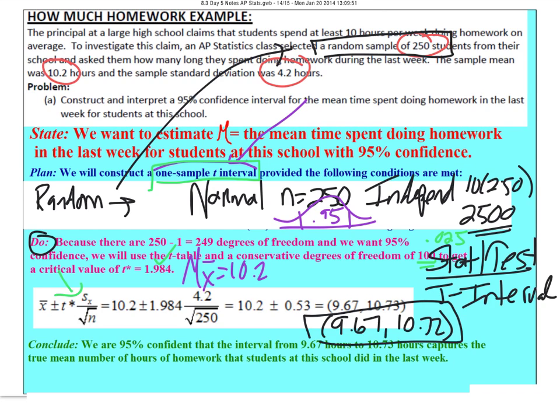In this case, remember, it's going to be the 4.2 over the square root of my sample size, which is 250. Now, the last thing you have to state is the degrees of freedom. So I'm going to put DOF, which, remember, is going to be 249. So they are looking for the fact that we have the mean there, we have the standard deviation of this listed, and we have the degrees of freedom. So we would be covered with our calculator speak.